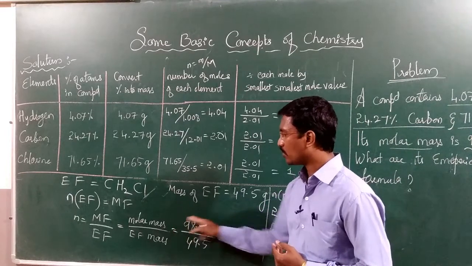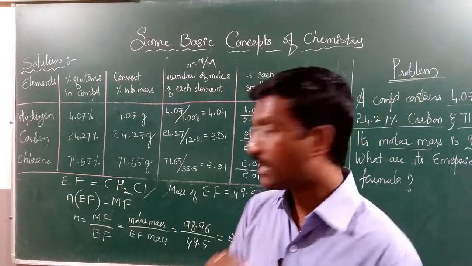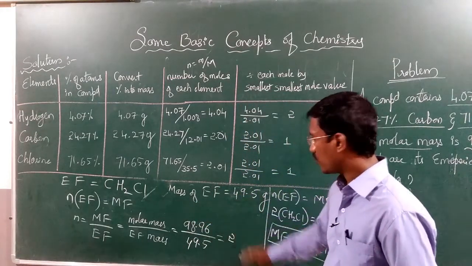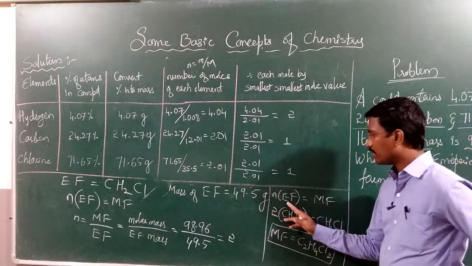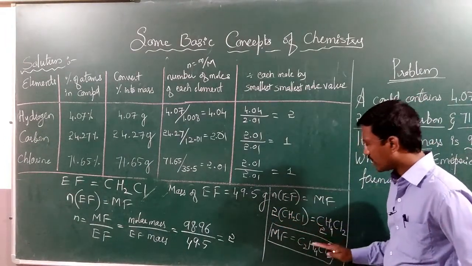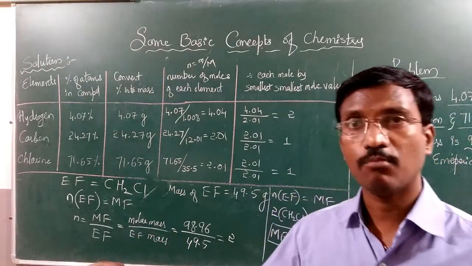They will definitely give you the molar mass. So you are going to get the n value. That n you have to multiply with the empirical formula, and you are going to get the formula. That formula itself is the molecular formula.